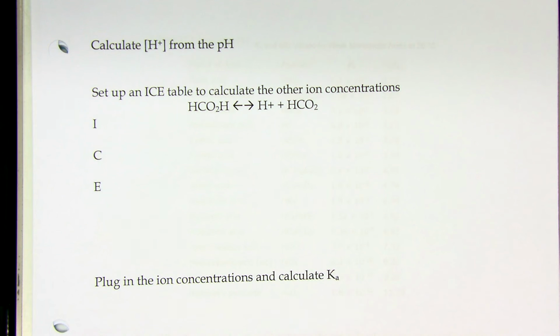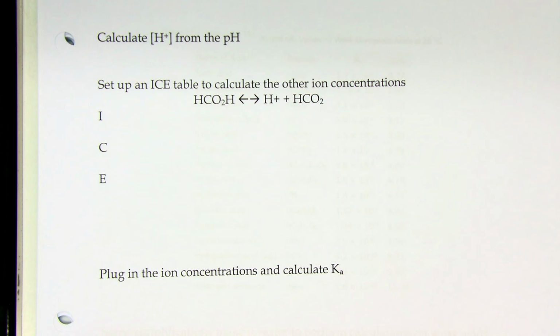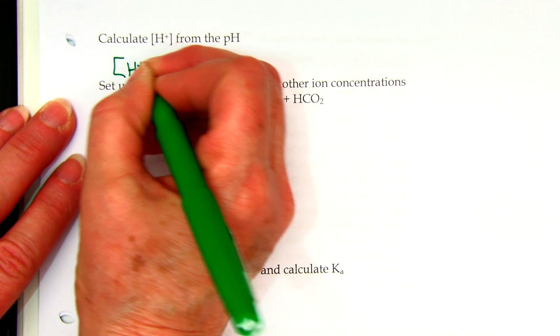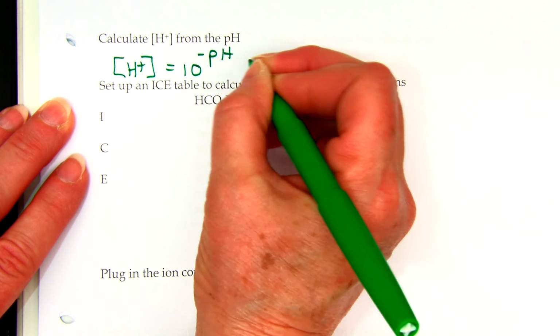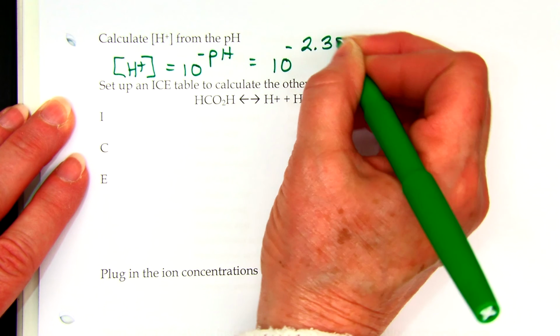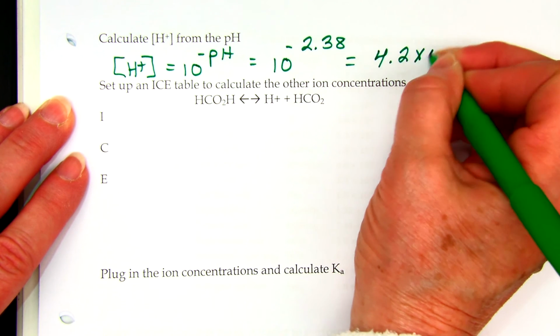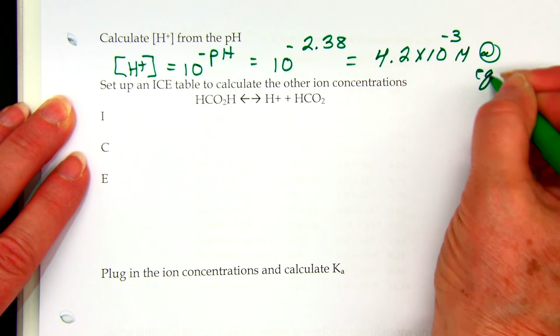So we'll start by calculating the hydrogen ion concentration from the pH that's provided. We know that the hydrogen ion concentration is 10 to the negative pH, so that's 10 to the negative 2.38, and that is equal to 4.2 times 10 to the negative 3rd molar at equilibrium.